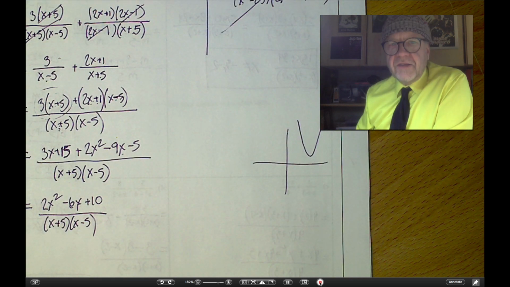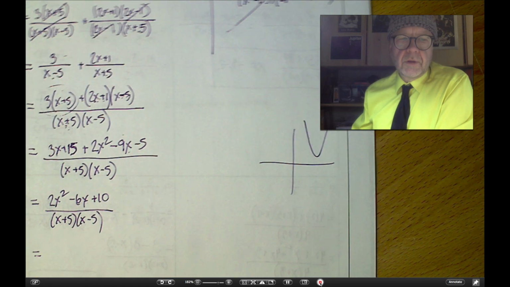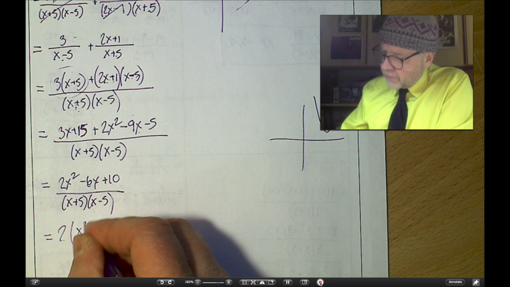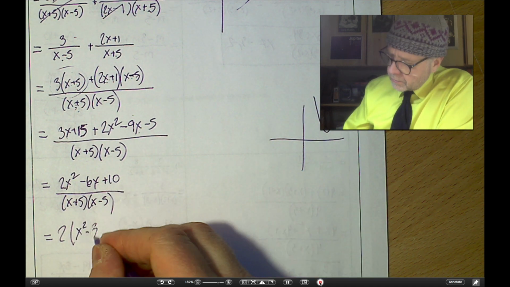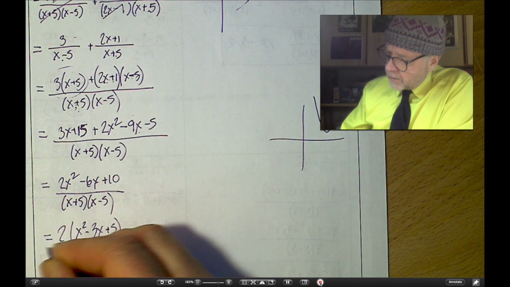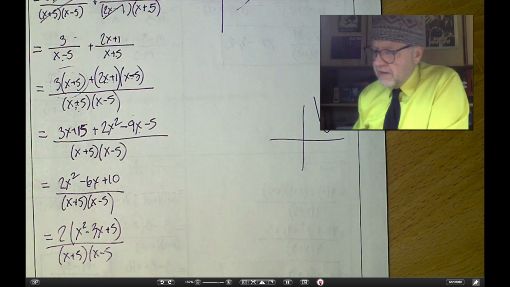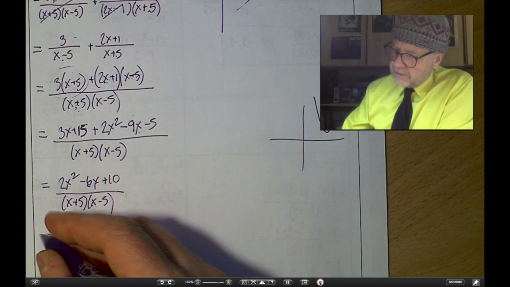It looks like the only thing you can do is factor out a 2. So let's go 2 of x squared minus 3x plus 5, all over x plus 5 times x minus 5. That looks to be as much as I can do here.